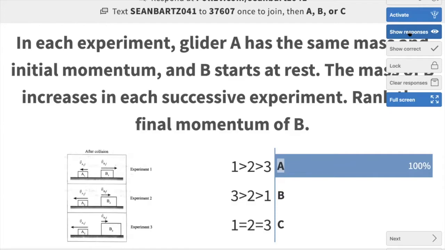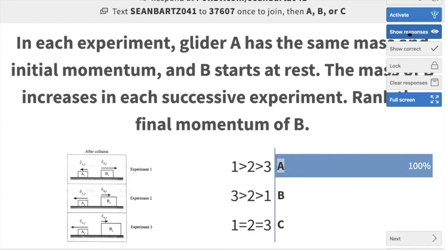Now I want to draw your attention to the velocity vectors on object A. In experiment 1, object A has a small velocity that's negative, but by the time we get to experiment 3, A has a bigger velocity afterwards. Think about a tennis ball running into a basketball: the tennis ball is going to bounce back.